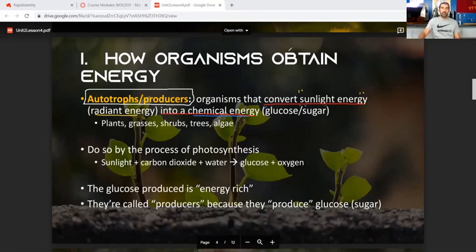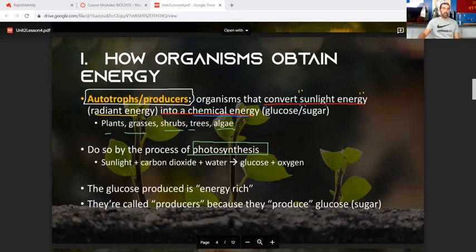This is done by plants, grasses, shrubs, trees, algae that lives on the top of water, that green stuff. Y'all probably have seen that before. And all of these things convert sunlight energy into chemical energy by the process of photosynthesis, right? Now, what photosynthesis does is important. So let me take y'all through this word chemical equation here.